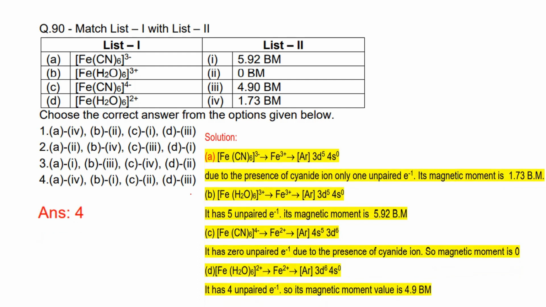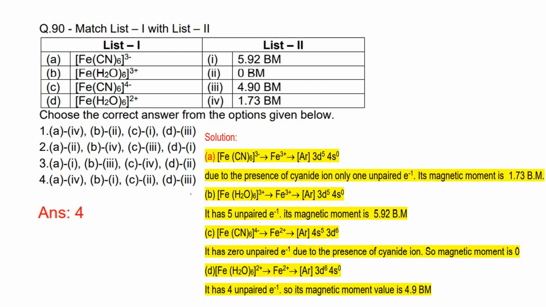Next, FeH2O6 3 plus. So H2O is a weak field ligand, so no pairing. All the 5 unpaired electrons will remain as they are. So 5.92 will be the magnetic moment. And next, FeCN6 4 minus. That means iron 2 plus ion we have.